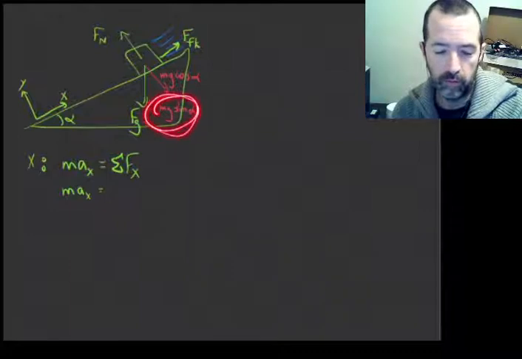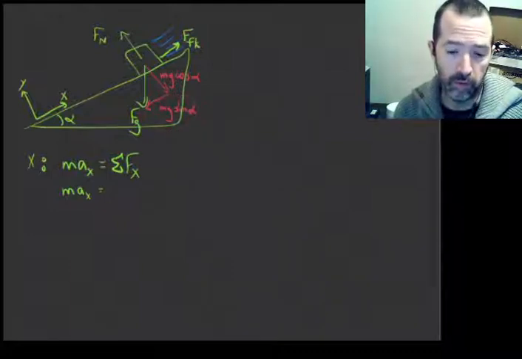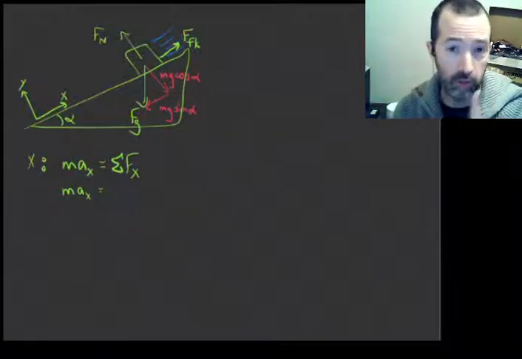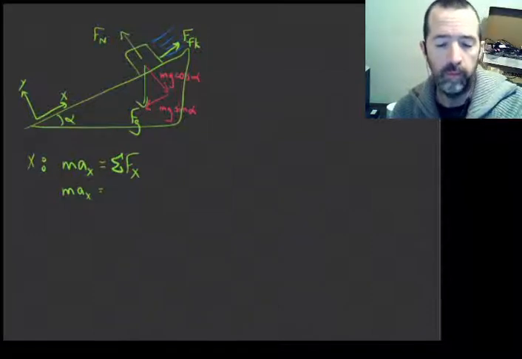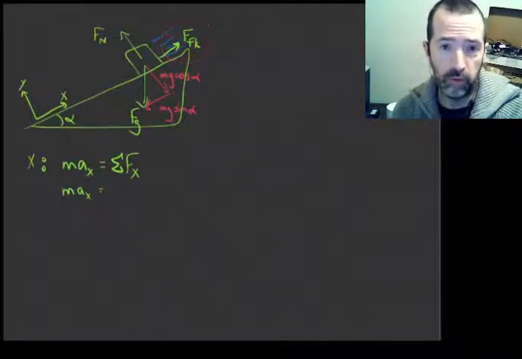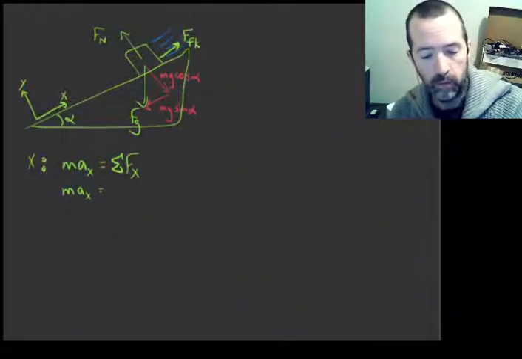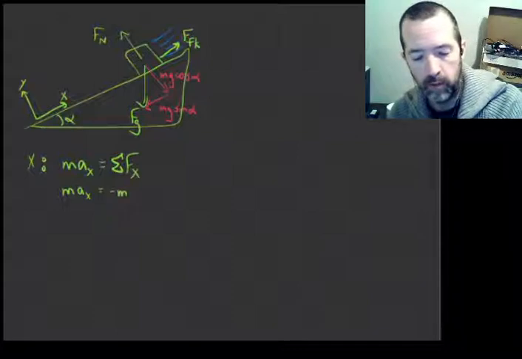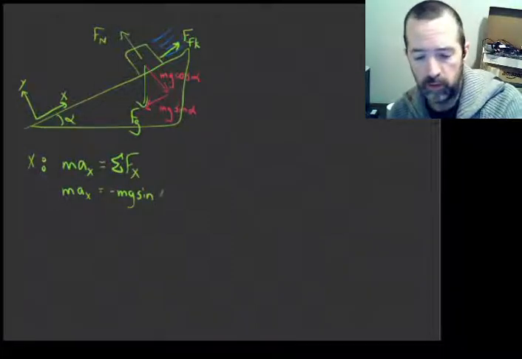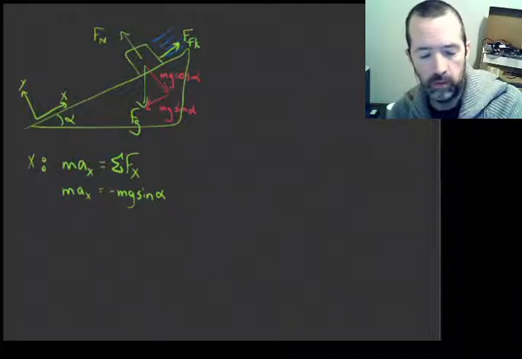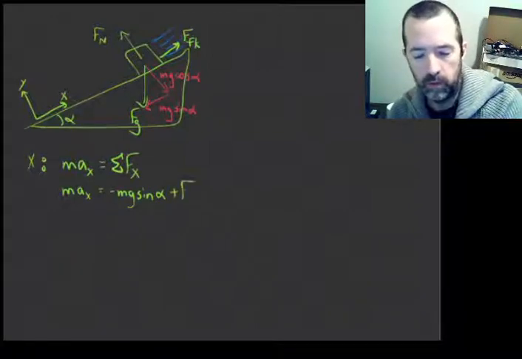I have the x component of the gravity, which points in the negative x direction, and I also have this force of friction, which points in the positive x direction. So I've got minus mg sine alpha plus F f k.